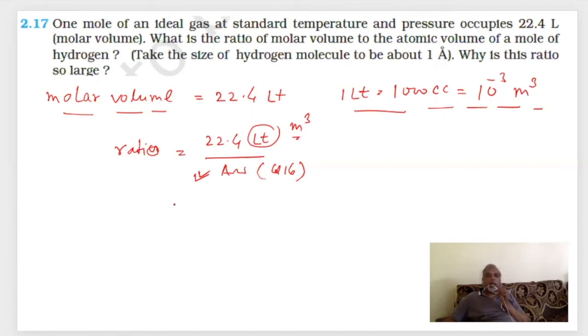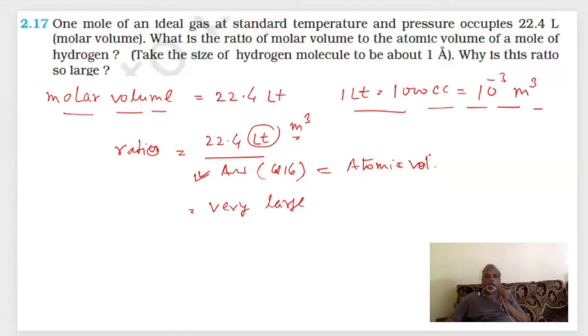This ratio will be very large. What did we do?